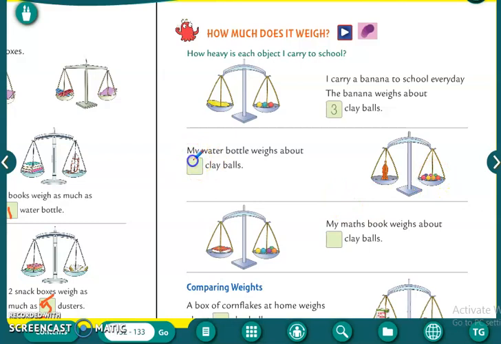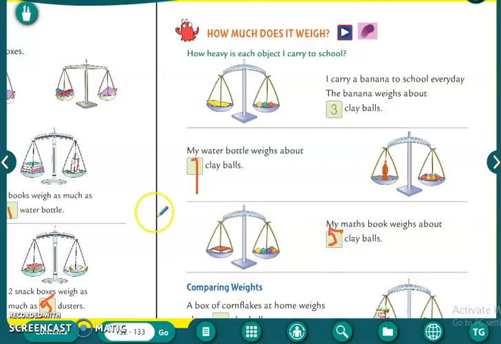So we'll write over here 7. Then my maths book weighs how many clay balls? On the other side how many clay balls are there? Count. 1, 2, 3, 4 and 5. So we will write over here 5.